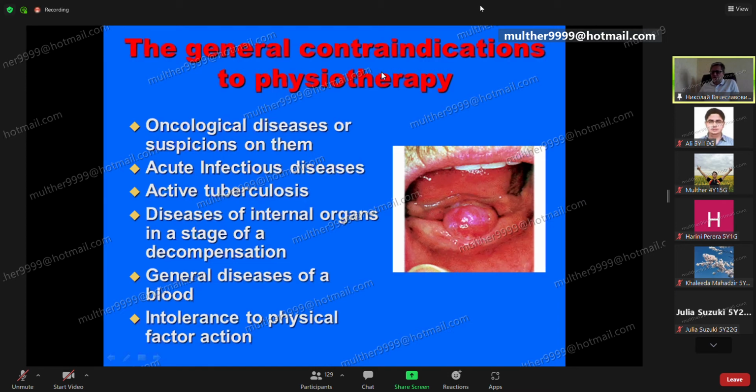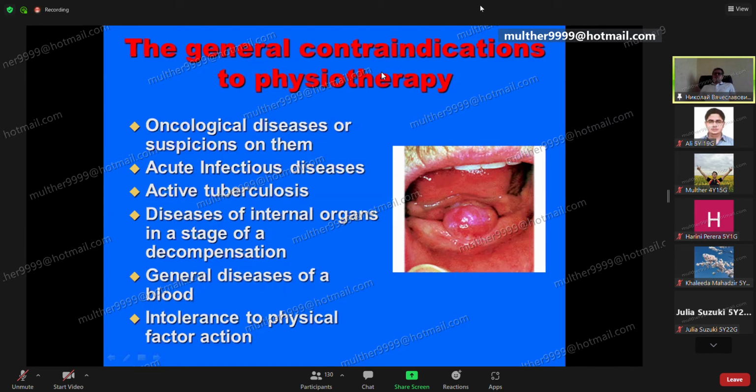We can activate progression of oncological disease, or even suspicion of oncological disease, which doesn't allow us to prescribe physiotherapy. Oncological disease, absolutely any location.